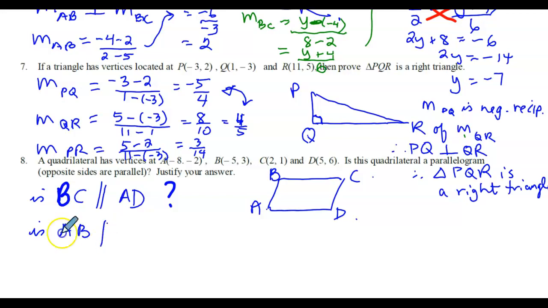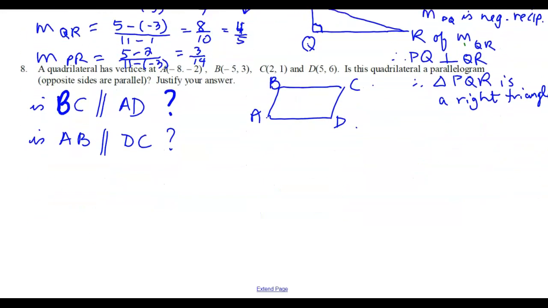Doesn't matter which order for slope. So we're going to have to find 4 slopes. So slope BC, slope AD, slope AB, slope DC. Okay, so I'll give you a couple minutes to work on that.